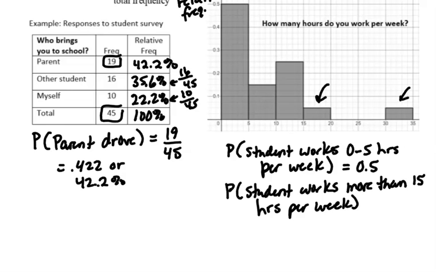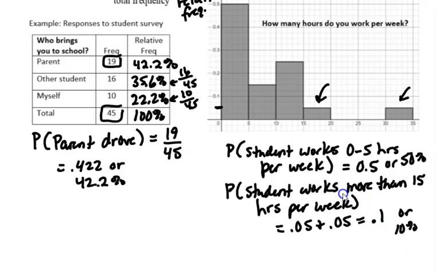I'm going to look at those two bars. And if we look over here, it looks like it's about 0.05 or about 5%, because 0.1 would be 10%. So this would be 0.05 plus another 0.05 or 0.1 or 10%. So those are two different ways.